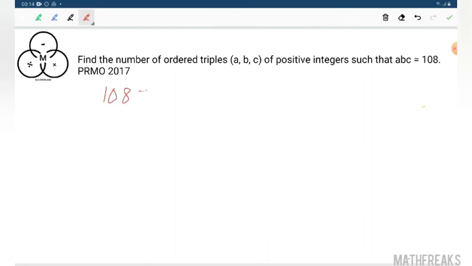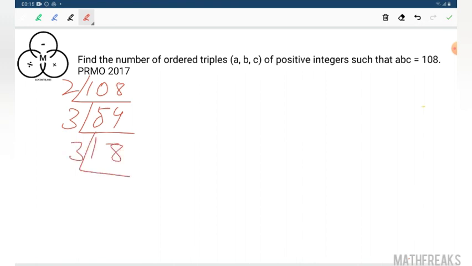Prime factorizing 108: 2 into 54, 2 into 27, 3 into 9, 3 into 3. So 108 equals 2 square into 3 cube.